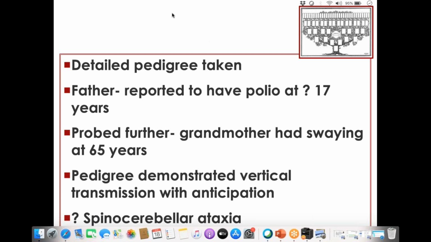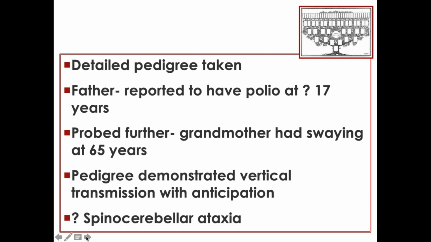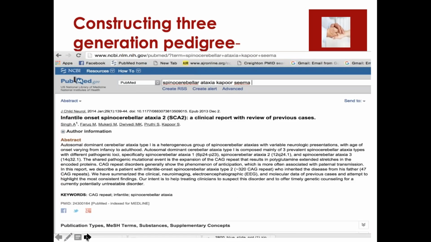So it immediately gets a call to the geneticist that you're dealing with a pedigree in which there is vertical transmission with anticipation. Now, this was a case we reported, and I've just shown you. You can go to PubMed and see this case.